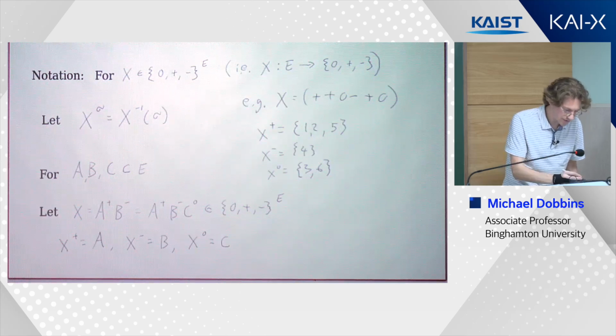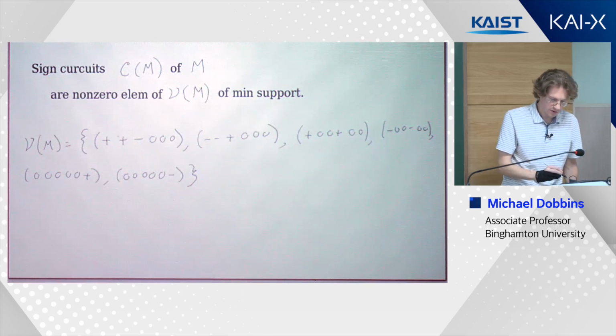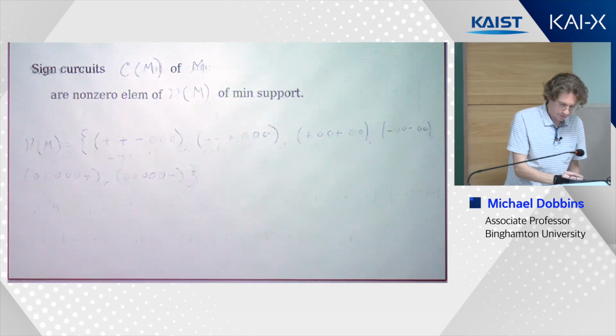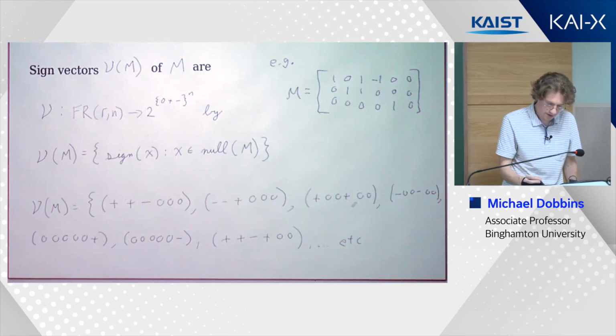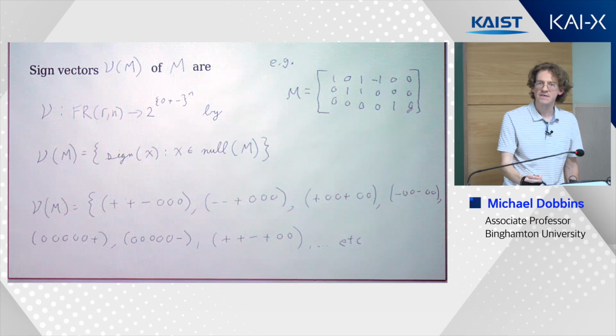If let's say the first vector is 0, we could look at this. So here again we had a column of all zeros for the last.